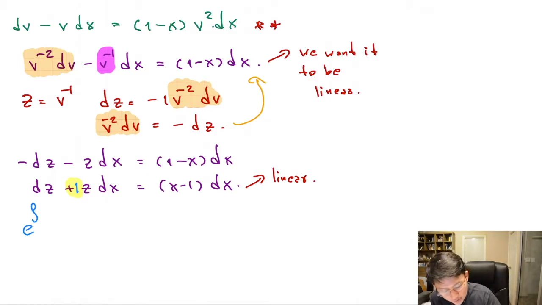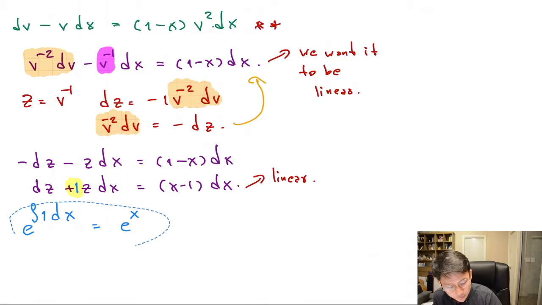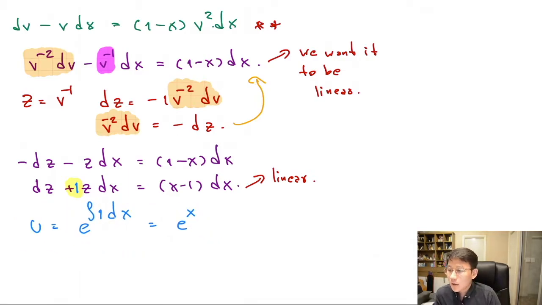So it's actually the integral of 1 dx, so it's just e to the x. This is the integrating factor. Let me call it mu. Sorry, I forgot to write mu equals.